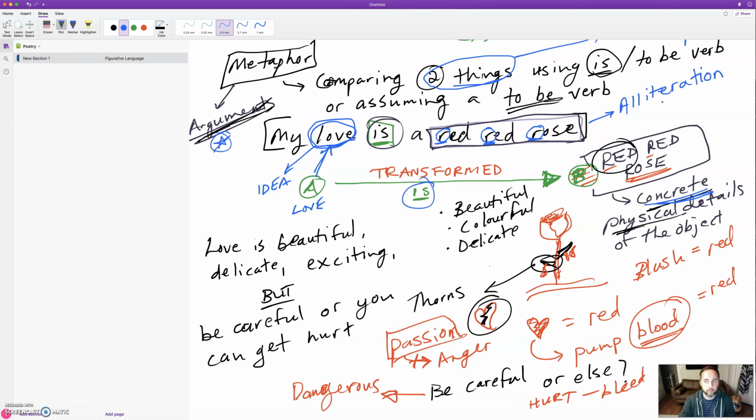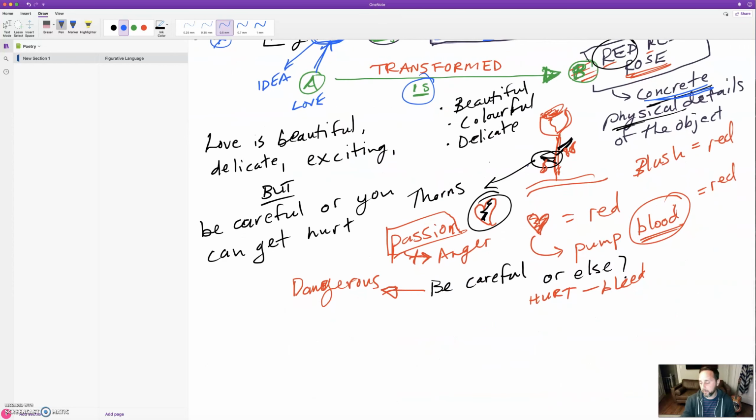So just point that out here. You've got 2 techniques in one. You've got a metaphor and you've got alliteration going on because of the red rose, R, R, R.